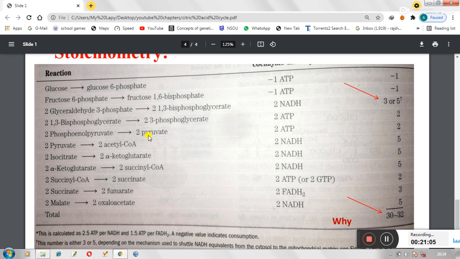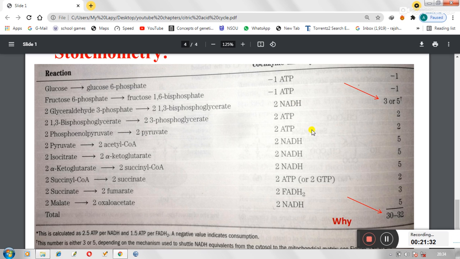So glycolysis, from glucose to pyruvic acid, produces 4 ATP and 2 NADH molecules, and out of these 4 ATP you have to repay 2 ATP molecules as the loan. So the net gain is 2 ATP molecules. If we are asked how much ATP is produced in glycolysis, the answer is 2, and 2 molecules of NADH are produced.